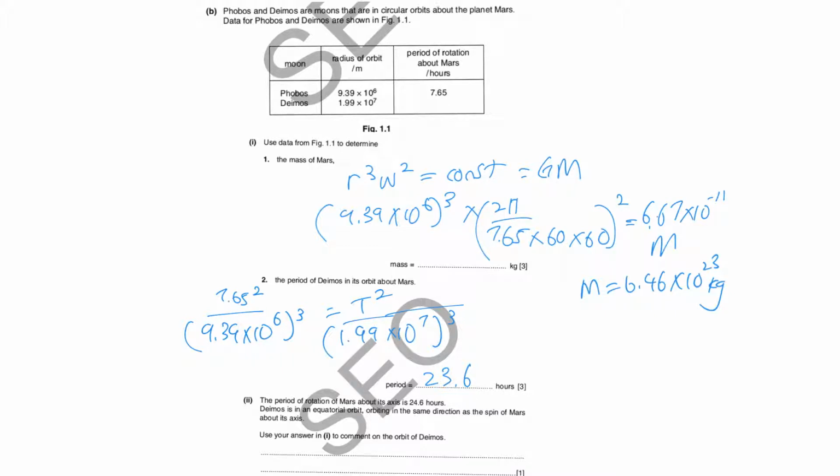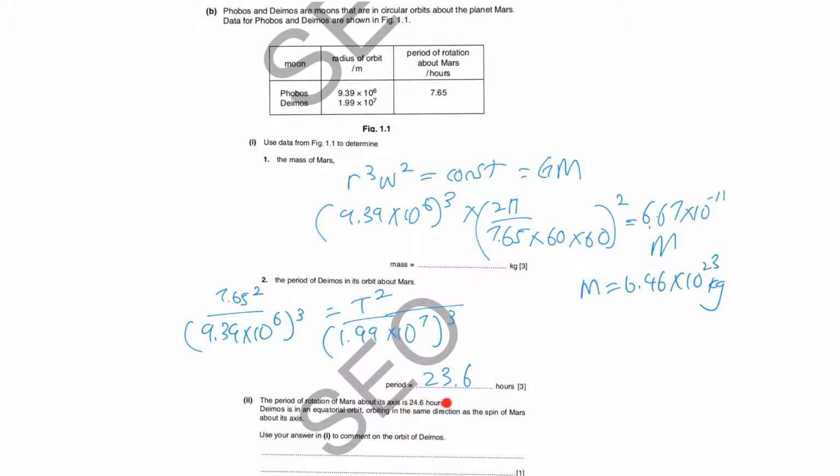Right, the period of rotation of Mars about its axis is 24.6 hours, and Deimos is in an equatorial orbit, orbiting in the same direction as the spin of Mars. Comment on the orbit of Deimos. Now, if you remember, geostationary satellites have this characteristic: above the equator, orbiting in the same direction, and the period of orbit should equal the period of rotation.